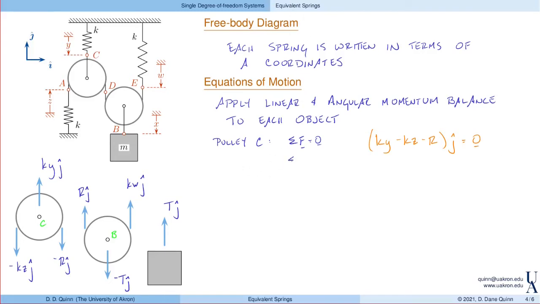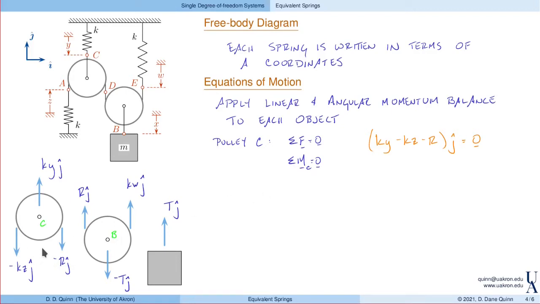Also on pulley C, sum of the moments about the center of the pulley has to be equal to 0. Again, it's massless, so there's no rotational inertia. Well, from here, this spring acts at the center, so the moments arise from the two forces on the edge.